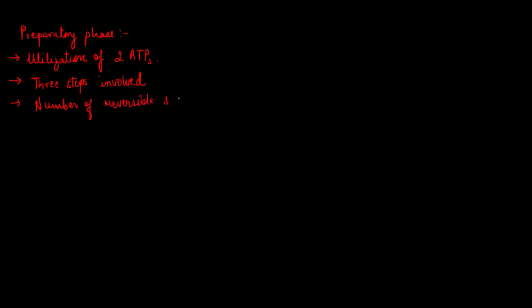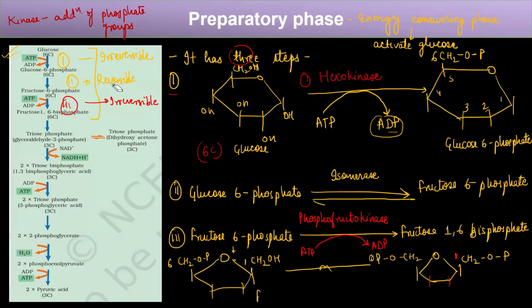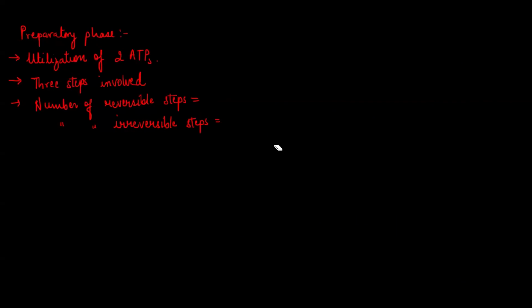The total number of steps is 3, out of which the number of reversible steps, if you see here, is 1, that is the isomerization step. And the number of irreversible steps is 2, that is the first and third step.